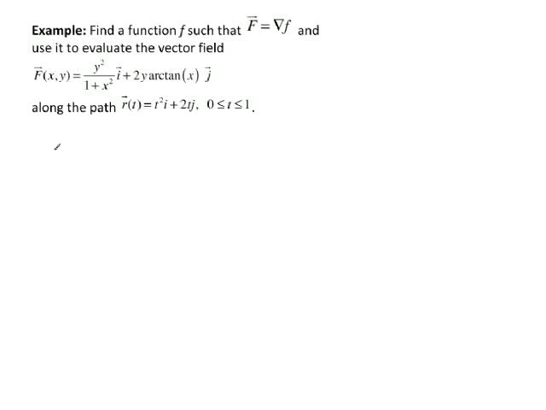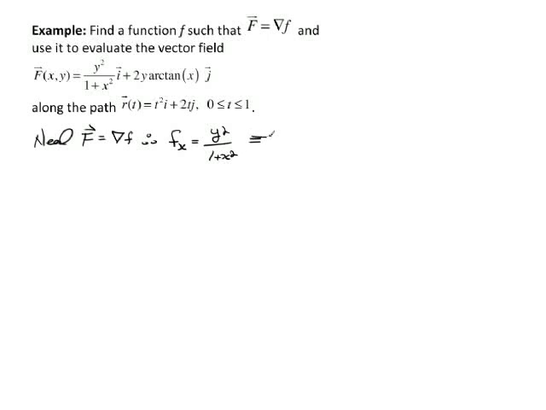Now, looking at this right away, I know that what I need is for this vector field to be the gradient of some function f. So I can say right away that if this is true, the partial of f with respect to x is going to be equal to the x component, y squared over 1 plus x squared.